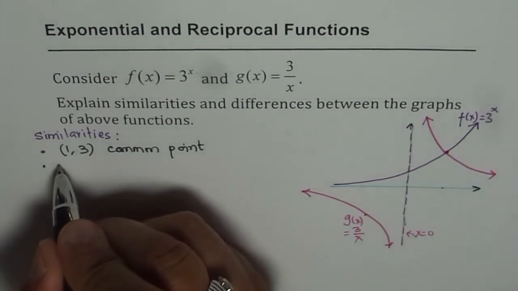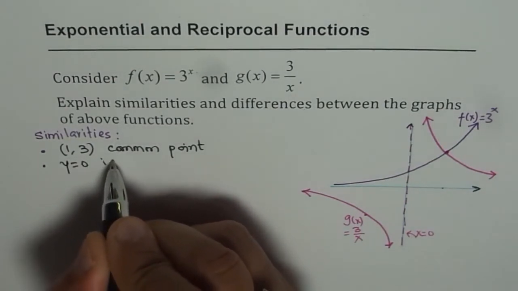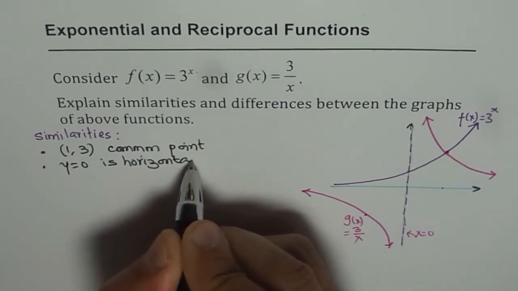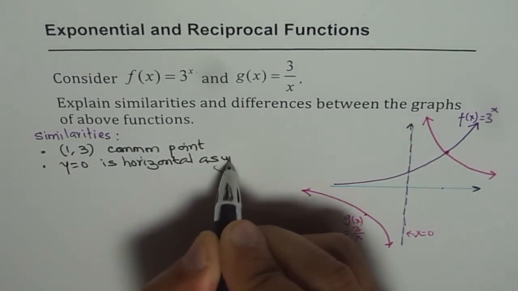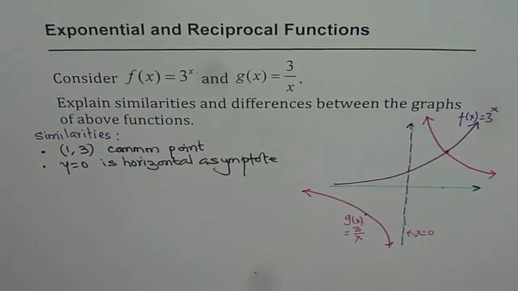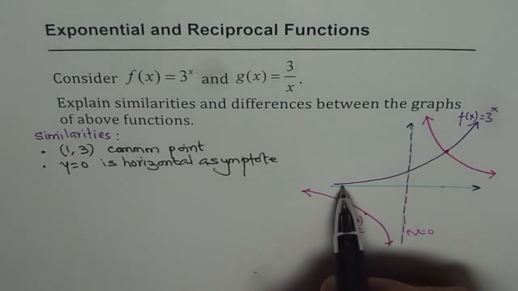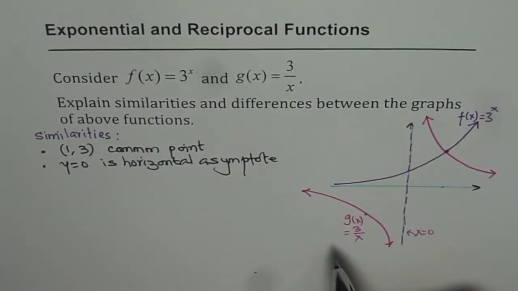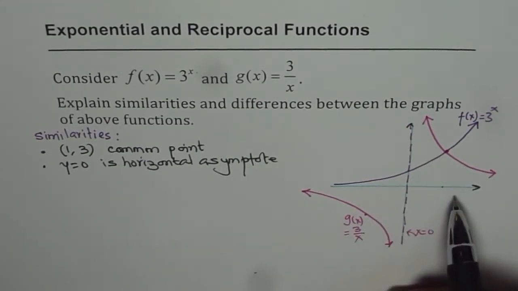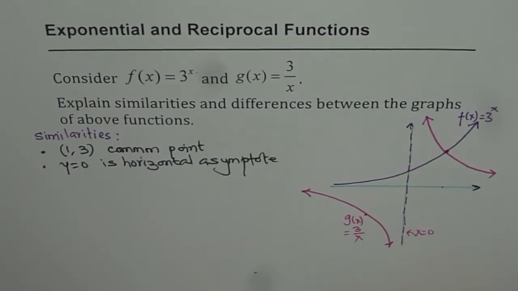So we have the x-axis, or y equals 0, as horizontal asymptote. As x approaches minus infinity, it's a horizontal asymptote for the exponential function. As far as the reciprocal function is concerned, it approaches the x-axis as x approaches plus or minus infinity. Okay, so these are the two similarities.